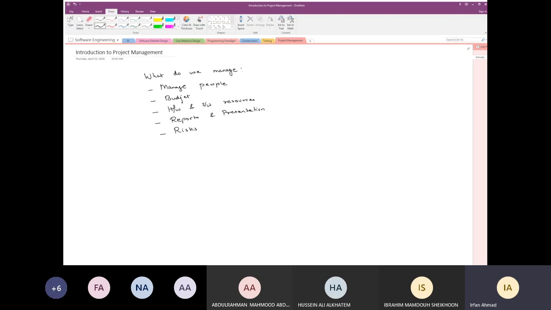So again, let's go back to the very basic discussion we had for software engineering. We said that once we do software engineering, we come up with a software product, and we have to come up with that product on schedule, so with time, and we have to have proper requirements and quality, and we also have to have it within the budget. So a lot of that also has to do with the management, right?